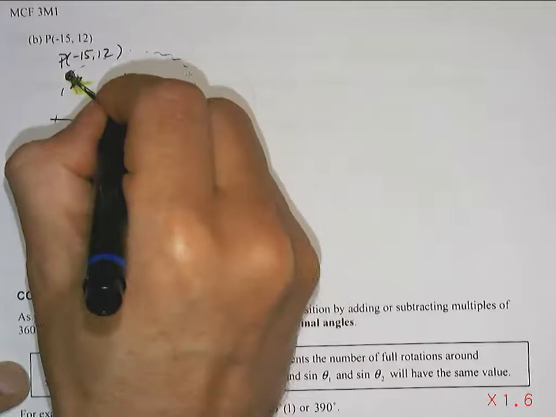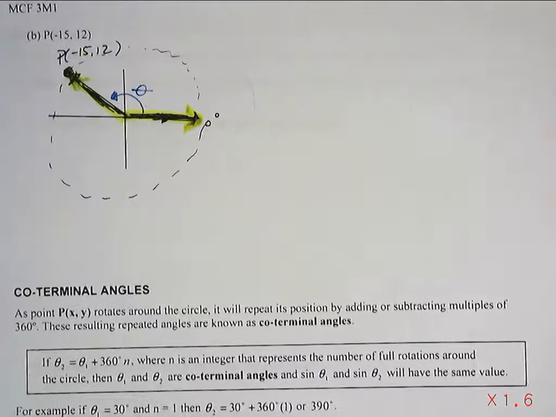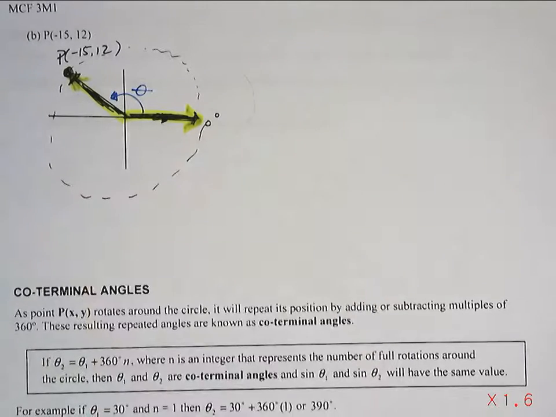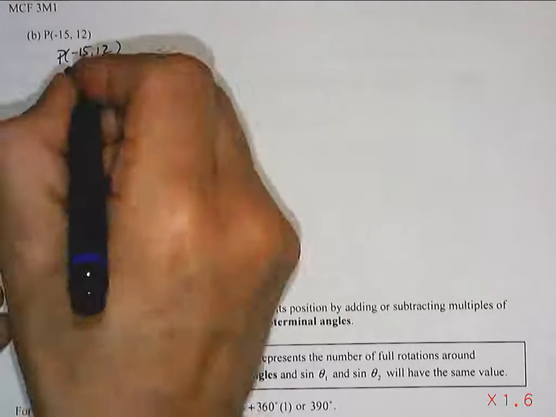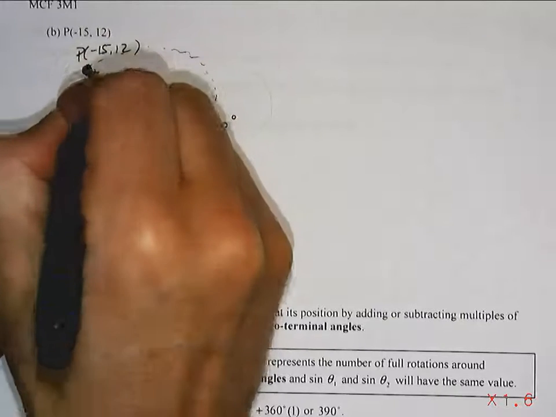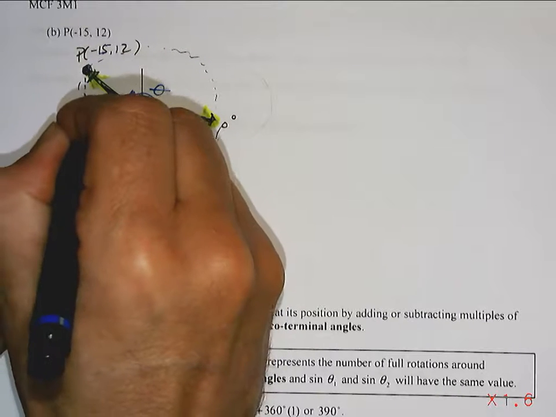So the angle in standard position here, guys, that's the angle we're looking for. And it's a positive angle because that's what an angle in standard position is, the positive angle rotating in a positive direction. Now, we know a couple of things. We know that this is negative 15, 12, which means that if I drop a perpendicular here, this is going to be negative 15 right there.